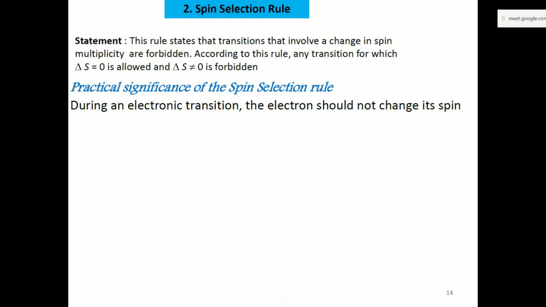The spin selection rule states that transitions that involve a change in spin multiplicity are forbidden. So this is again related to the conservation of angular momentum.